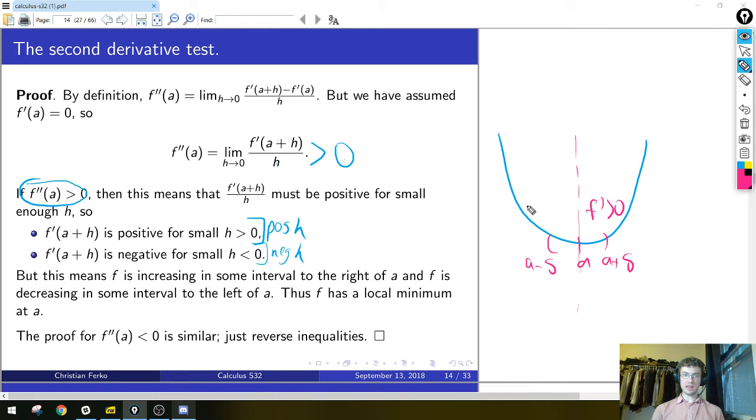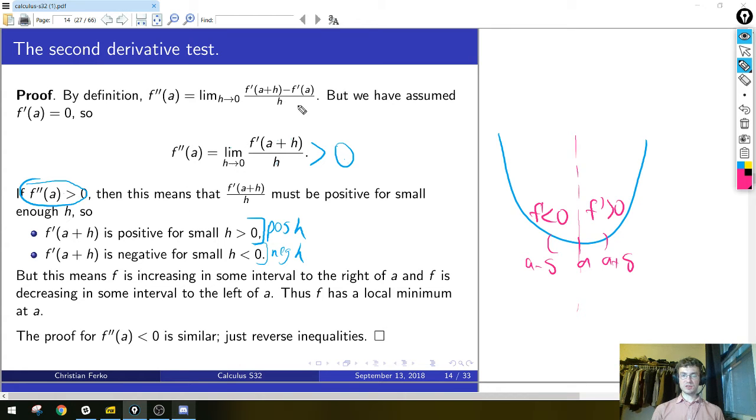And decreasing in some interval to the left of a, that means f prime is negative over here. And we've just done that because now we've shown that for small enough h, for small positive h, that is, that's the right side, the a plus delta, here the derivative is positive, so the function is increasing. And in the second case, when small negative h, that's the left side, here we've shown the derivative is negative.